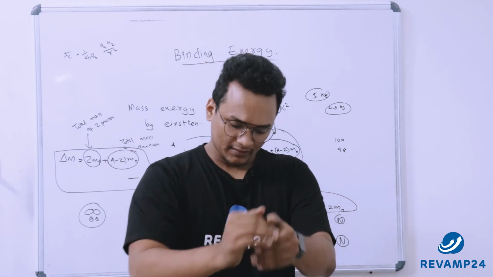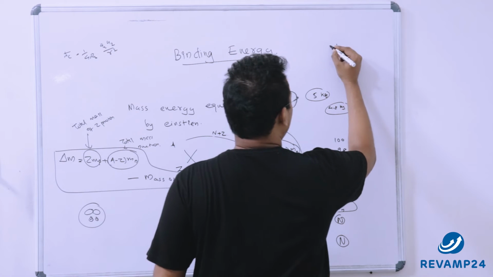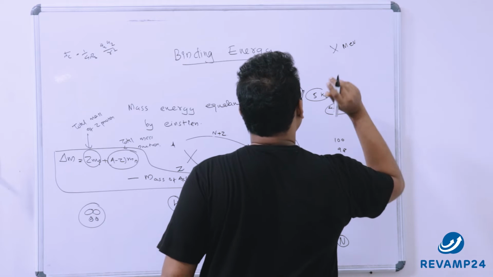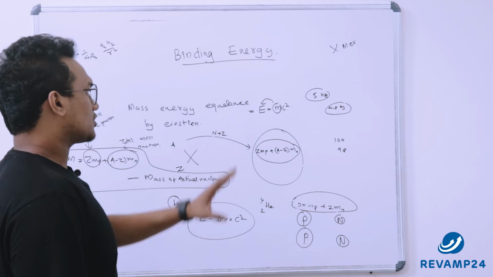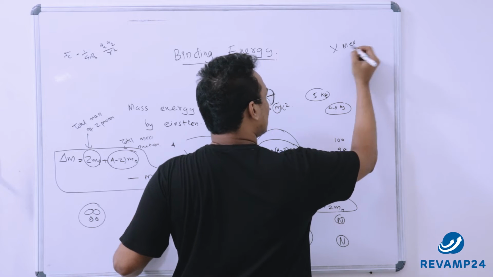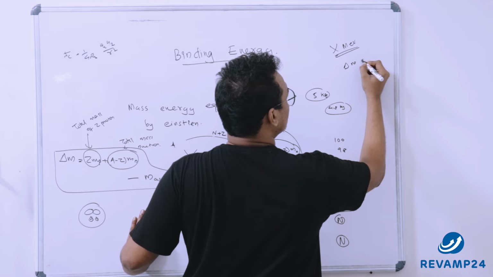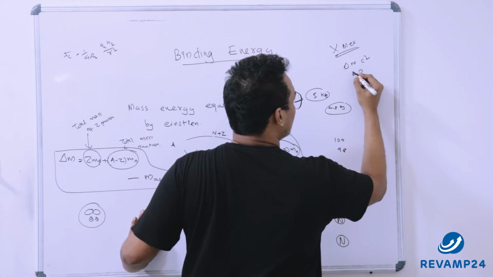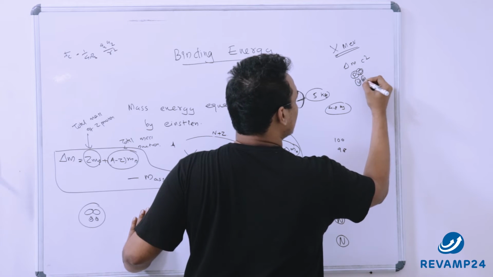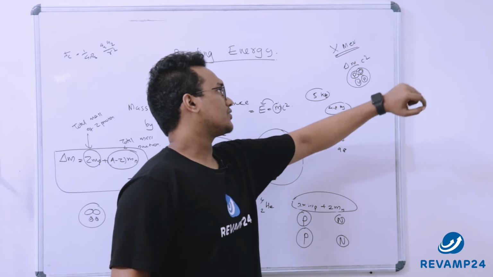Let's say the energy is some x mega electron volts, for example. This much energy is stored in a helium nucleus. The helium nucleus, with 2 protons and 2 neutrons, carries delta m c squared energy.